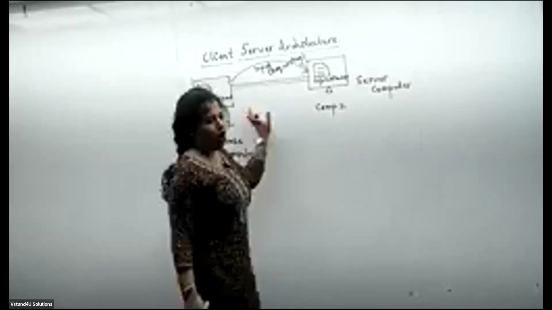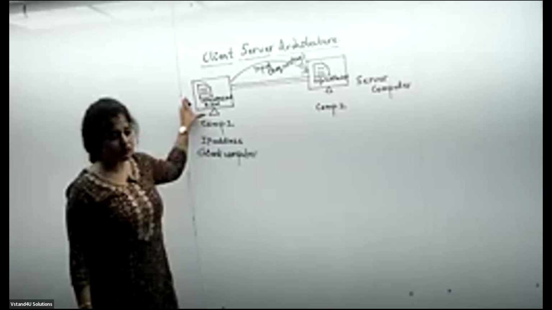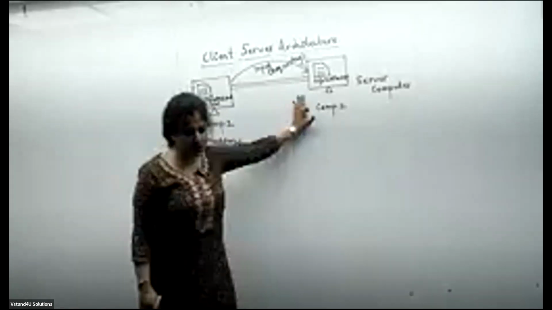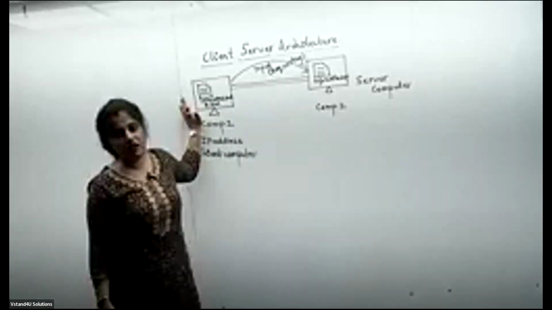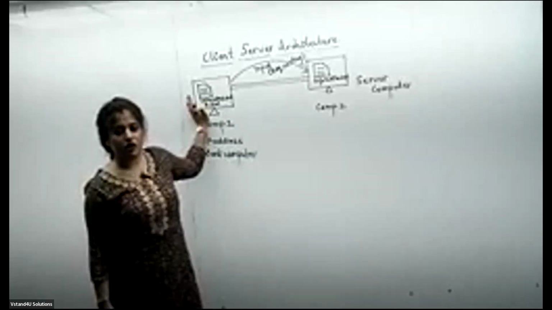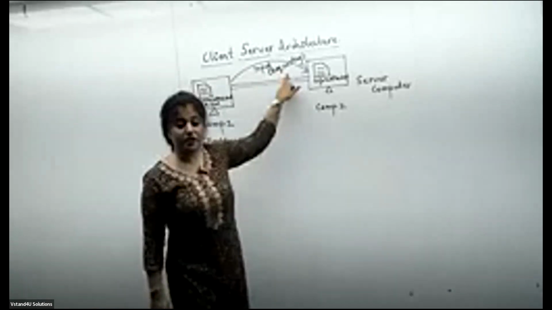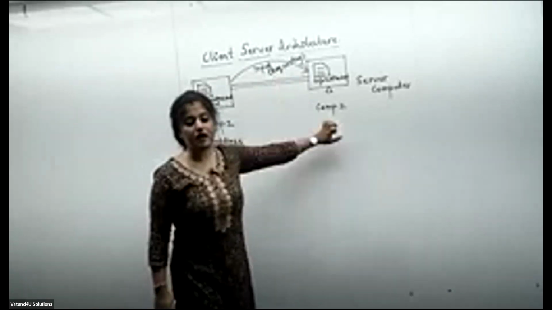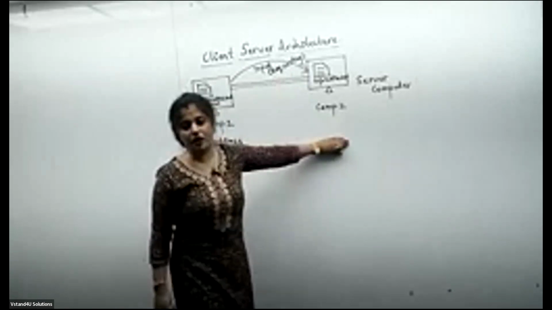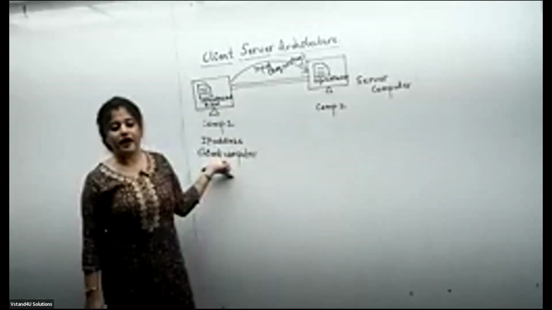Now my operation has been performed. My server computer has taken the information from my client computer, and that is called requesting. My server computer is requesting the input from your client computer.